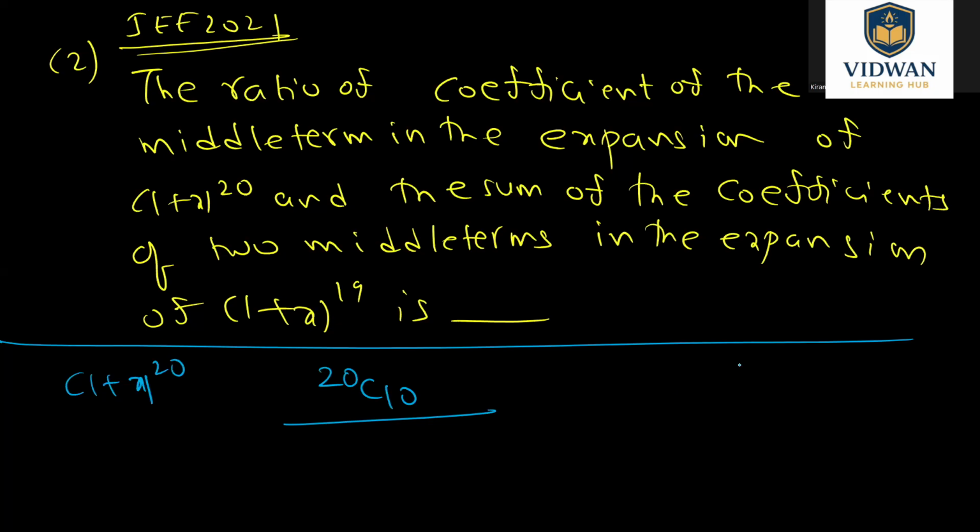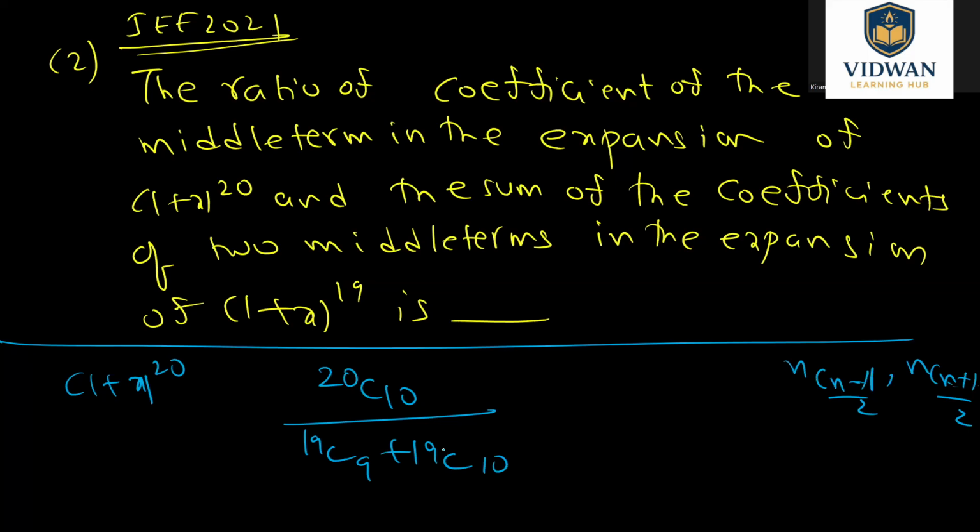What was the formula for n odd? nC (n minus 1) by 2 and nC (n plus 1) by 2. These are the middle term coefficients when n is odd. When n is even, it is nC n by 2. So for (1 plus x) power 19, it is 19C9, (19 minus 1) by 2, that is 18 by 2, so 9, plus 19C10, (19 plus 1) by 2, which is 10.